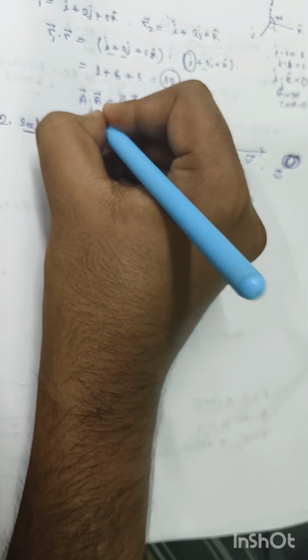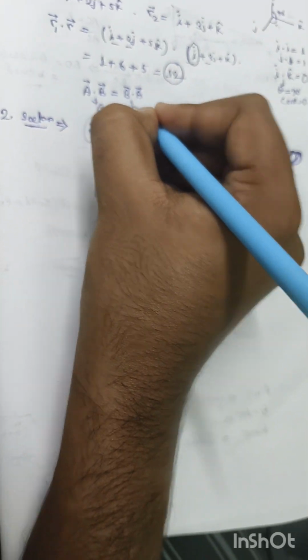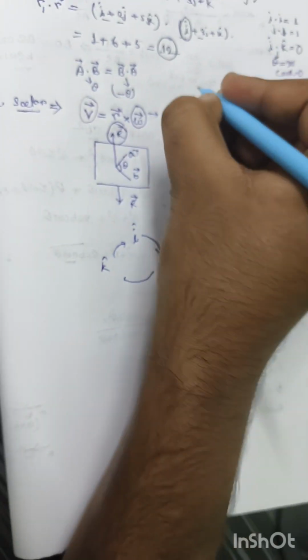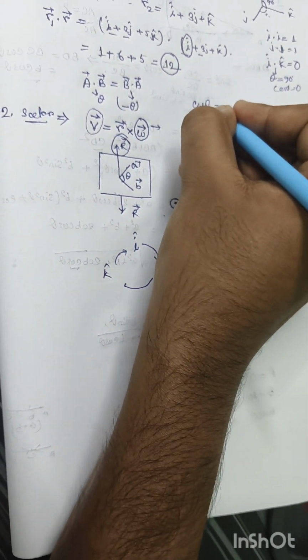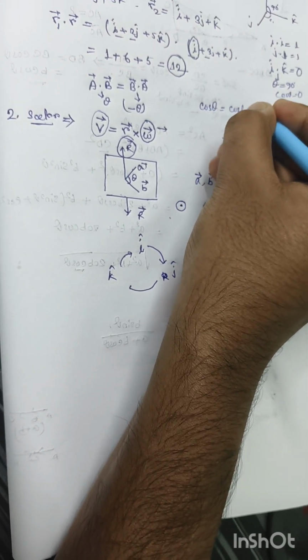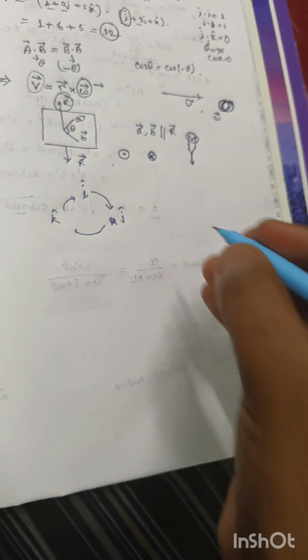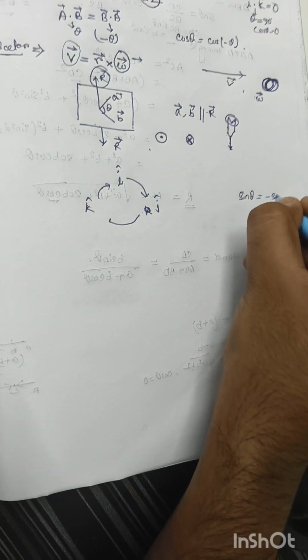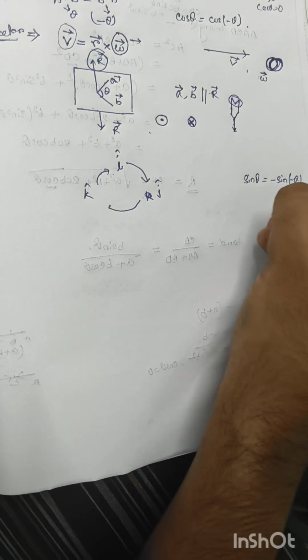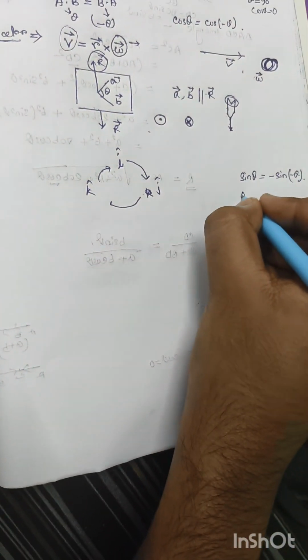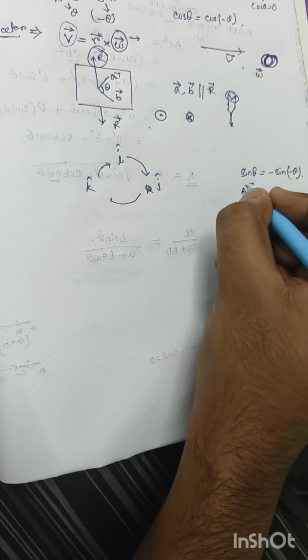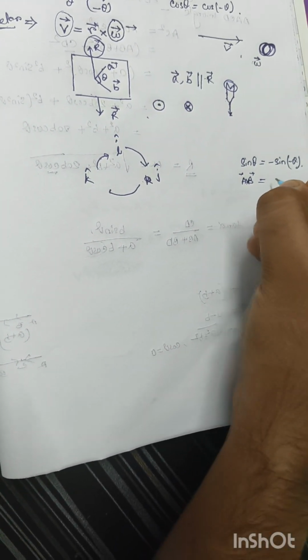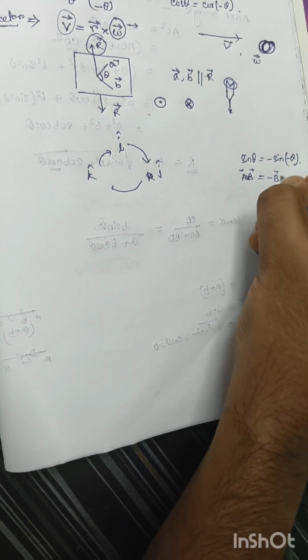For this, if the angle is theta, for the other the angle is minus theta, but we know cos theta equals cos minus theta. But here sin theta equals minus sin minus theta. So here it equals minus b vector into a vector.